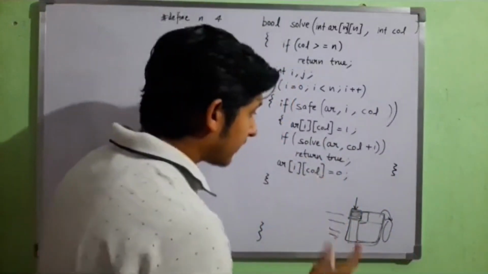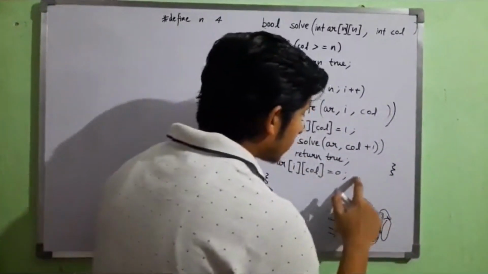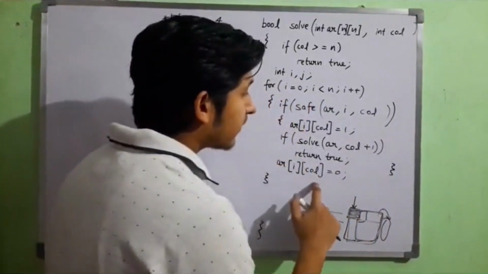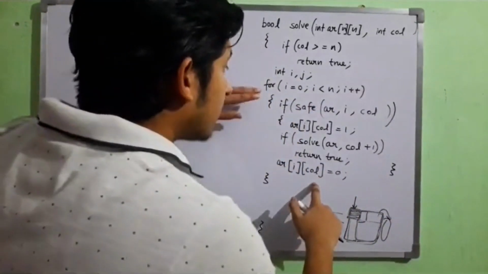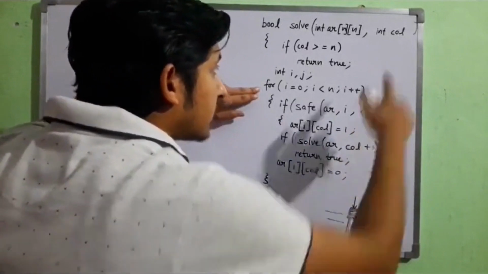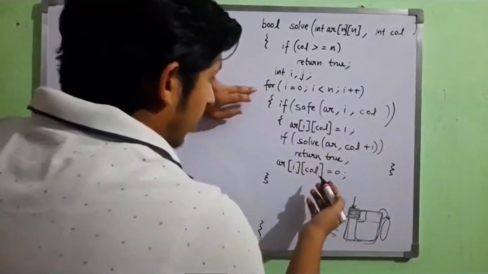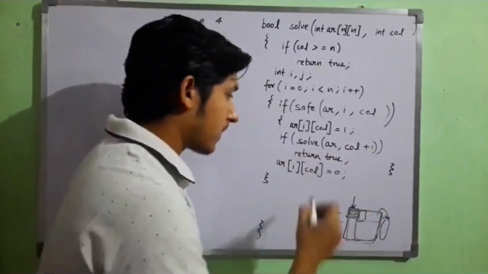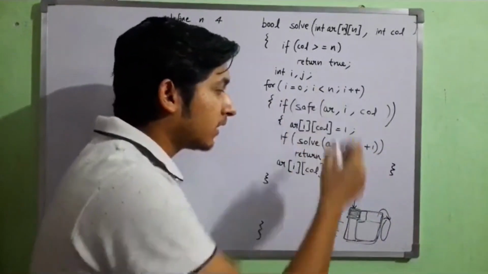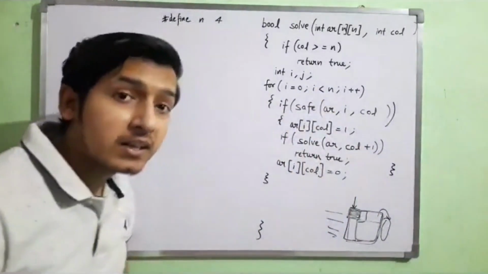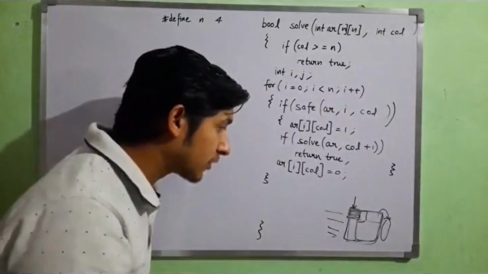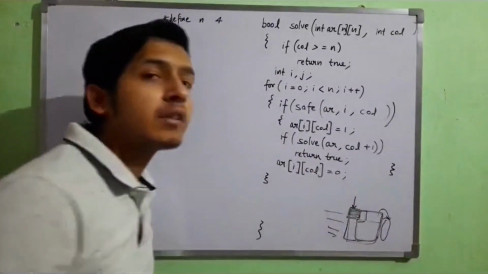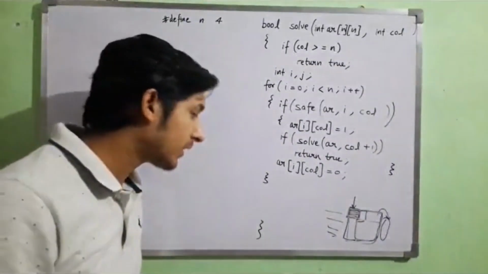But if it could not solve this, then this statement will execute for this given i and this column, and it will store 0. So it will keep on solving till it gets the solution.